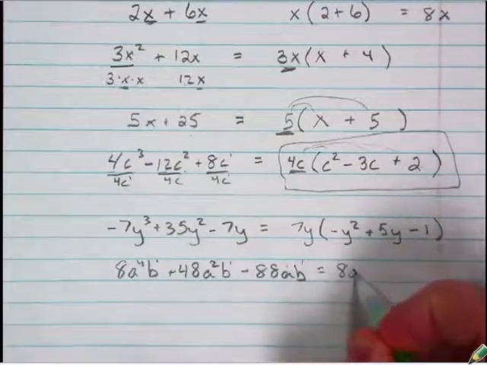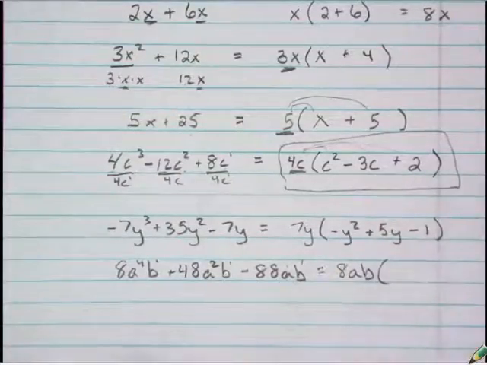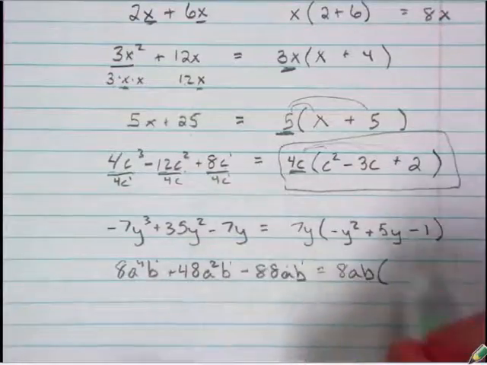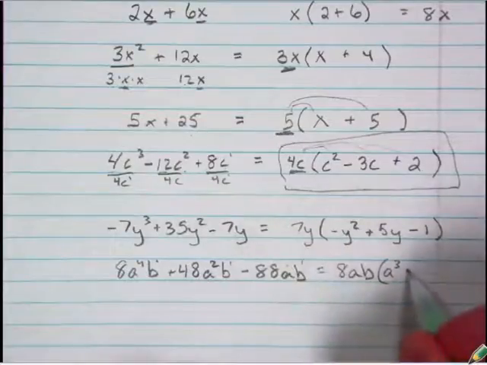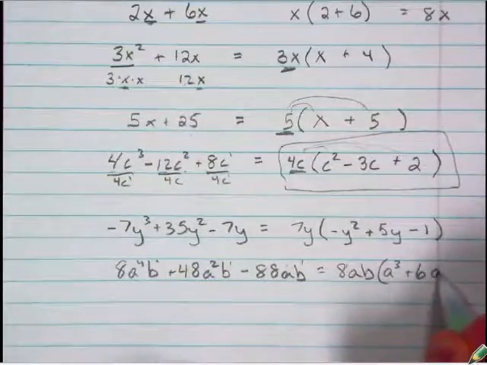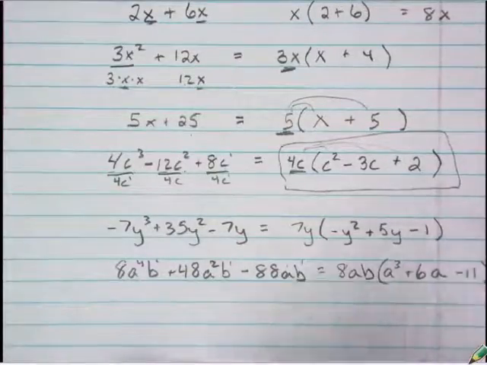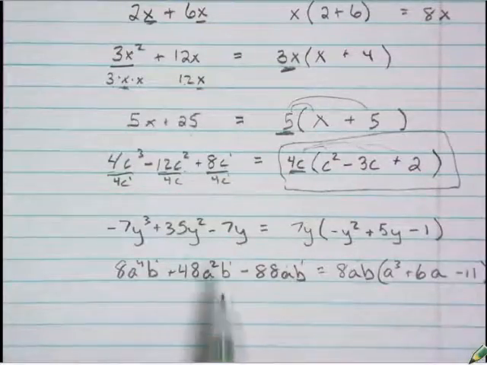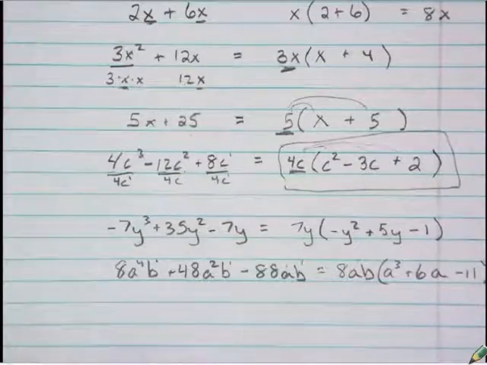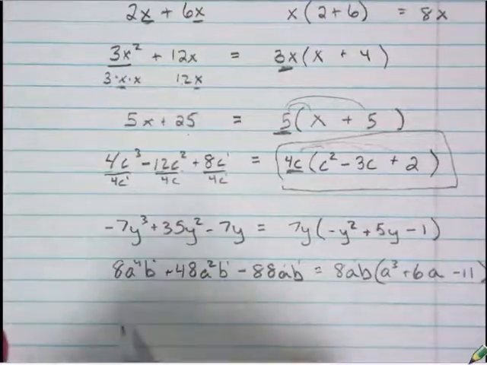So my GCF is 8ab. Okay? If I divide everything by 8ab, I'm going to get a to the third as my first term. I'm going to get 6a as my second term, and minus 11 as my third term. Again, you could check that by distributing. If I distribute this through, I will in fact get that. Okay?